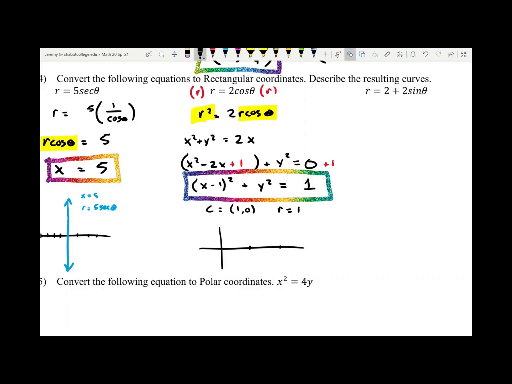This circle is going to look something like this. Let's see, I was trying to use my tool here that makes perfect circles for me. Let's try that again. Okay, so that is what it's going to look like.